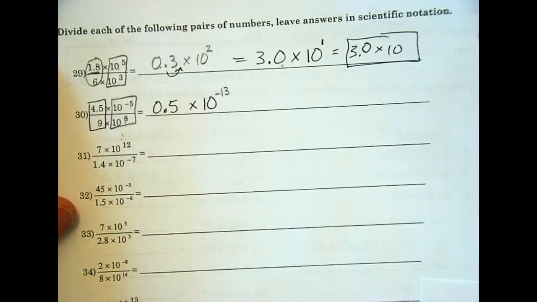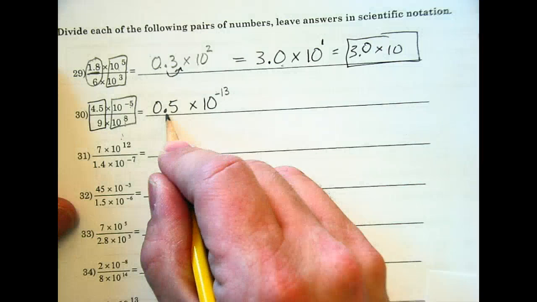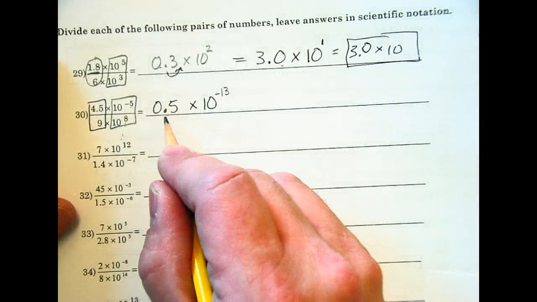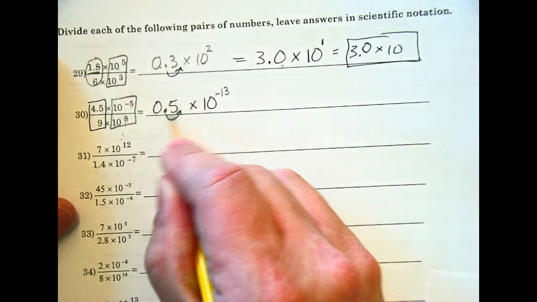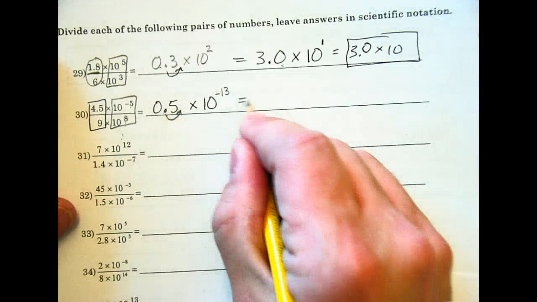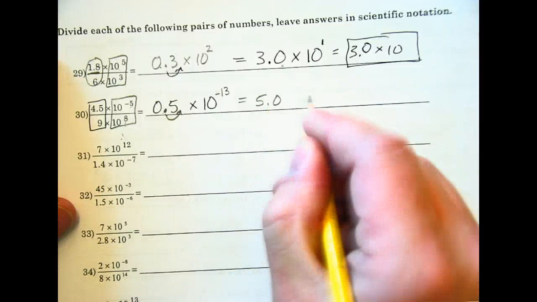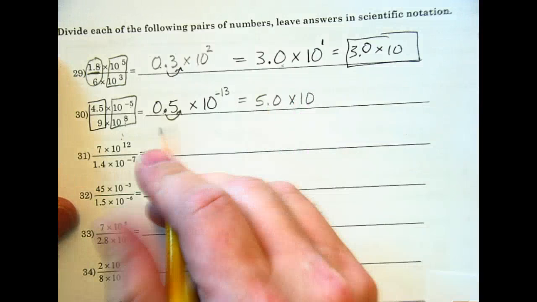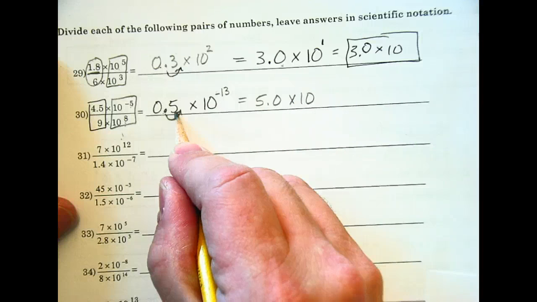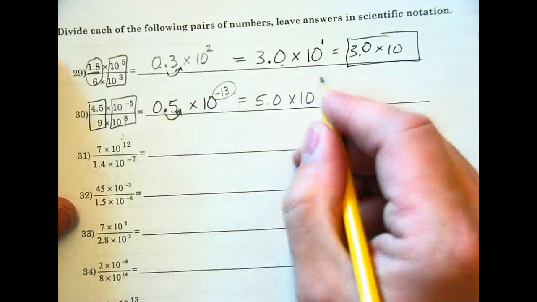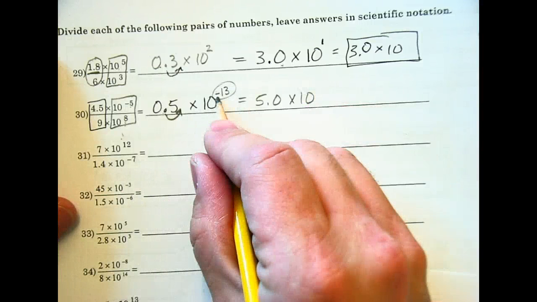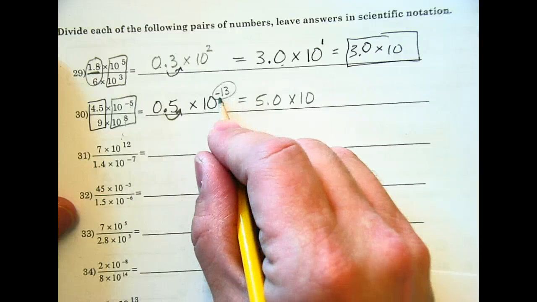Yeah, then we got to move our decimal, right? This isn't scientific notation. We got to go over 1. So that number got bigger by a power of 1. So it's 5.0 times 10 to the, yep, this one gets bigger. This one has to get smaller. So does that go negative 12?